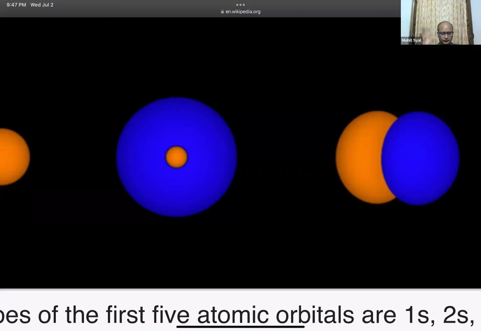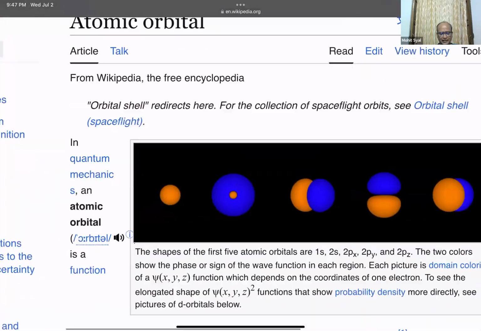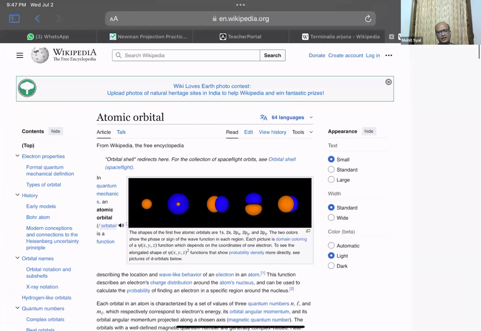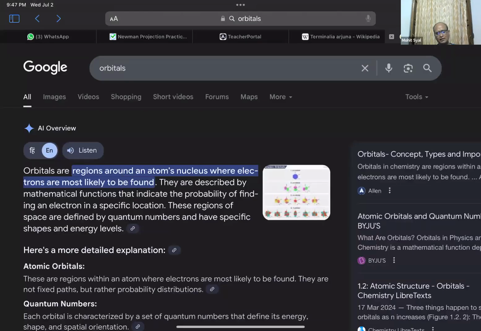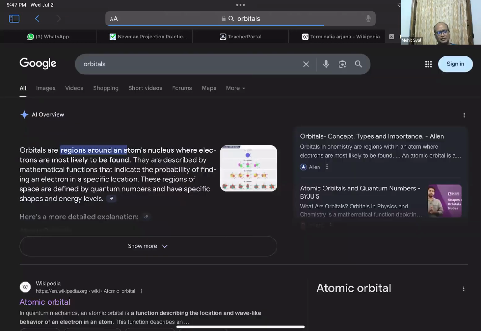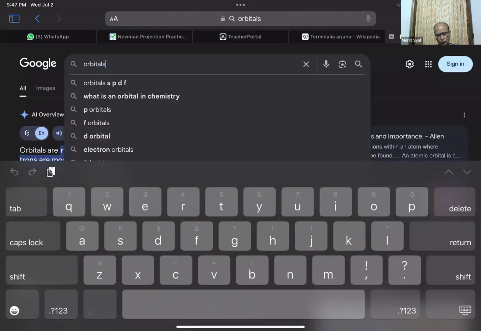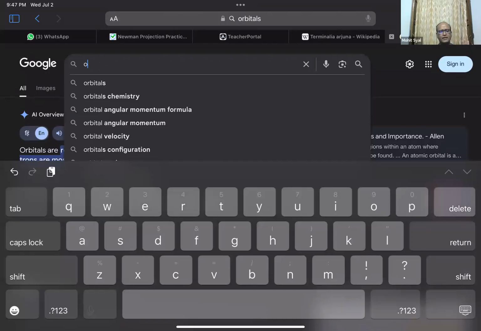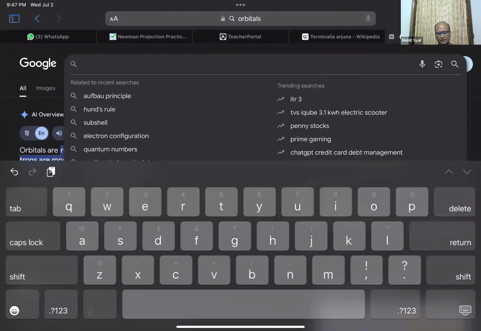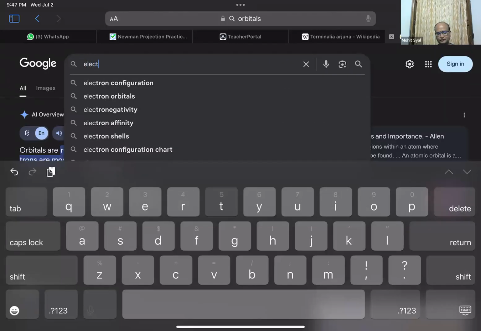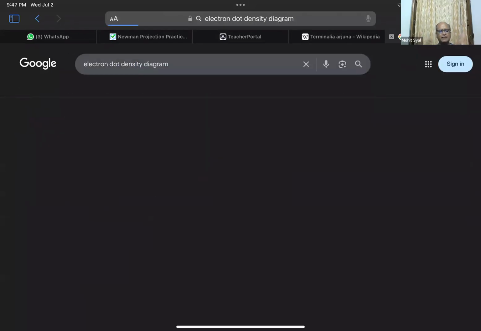That is called the electron dot density diagram. So there are two ways to represent an orbital: the electron dot density diagram and the boundary surface diagram.